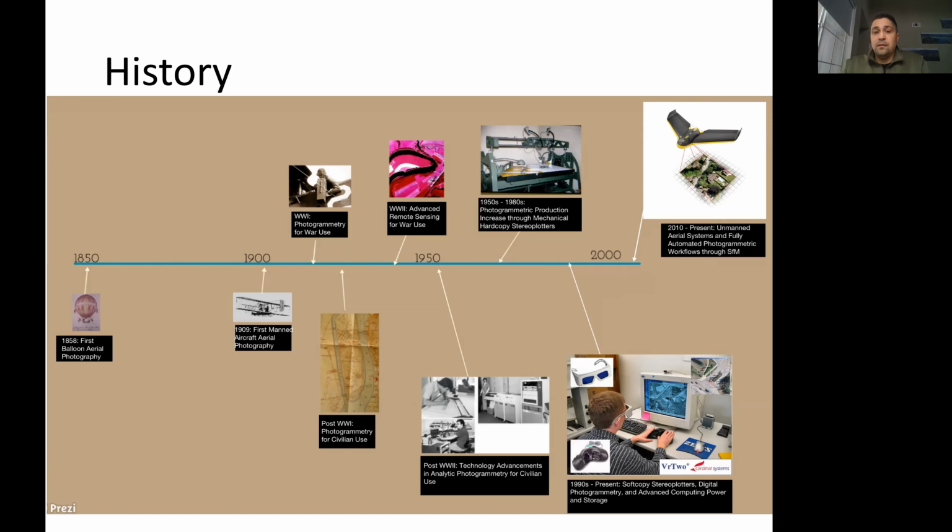And fast forward a little bit more to about the 2010s time frame, and that's where you get to drones. Drones is about a 10, 12 year history.